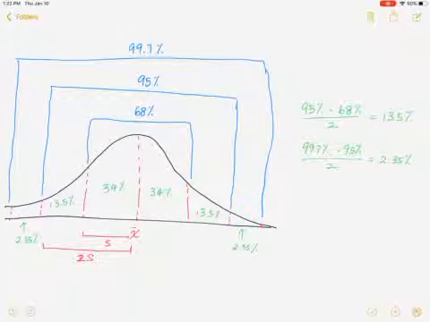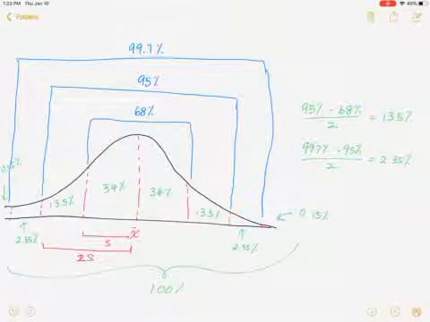Then whatever is remaining outside is going to be 0.15%. Then if you add up everything, you should have 100%. That is covering all the data.